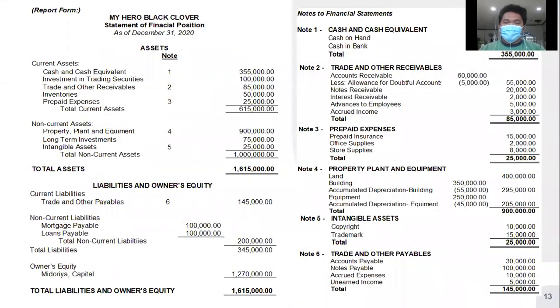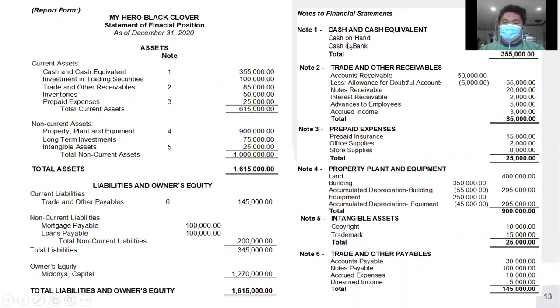So, as you can see, you have here the sample. Note 1 constitutes cash and cash equivalents of 355, and here the cash and cash equivalents is also 355, with a breakdown of cash on hand and cash in bank.